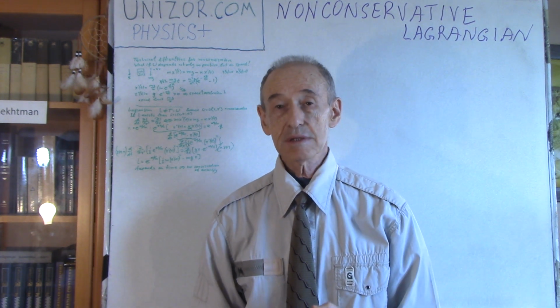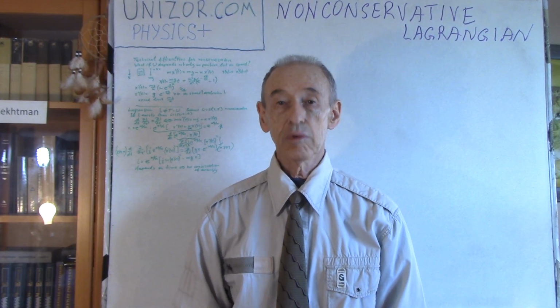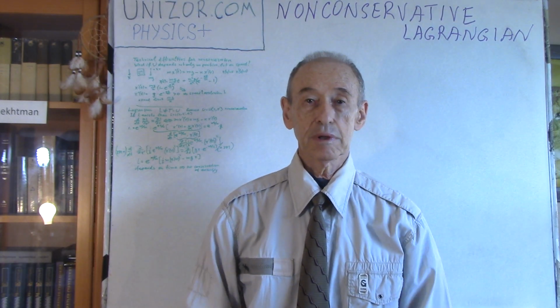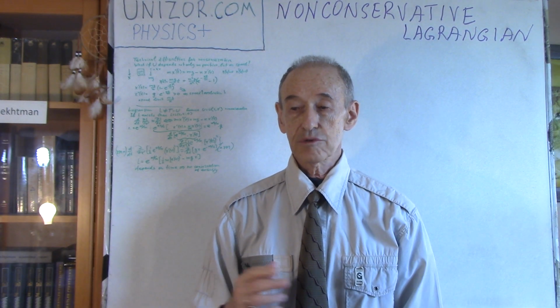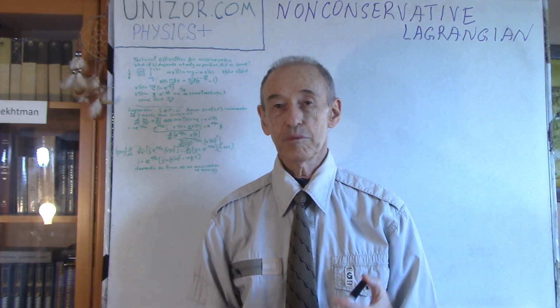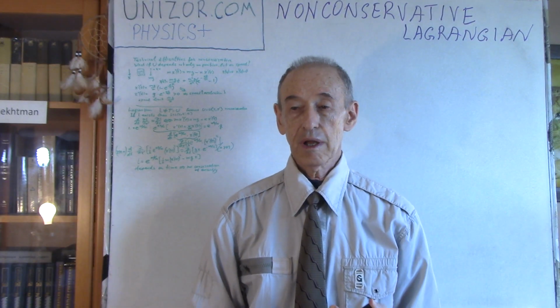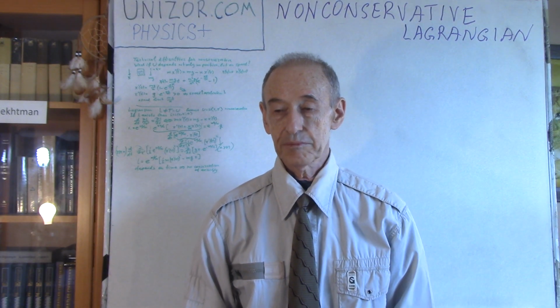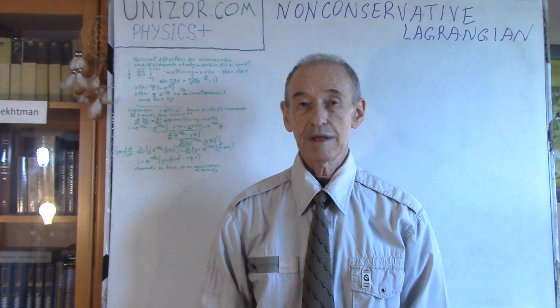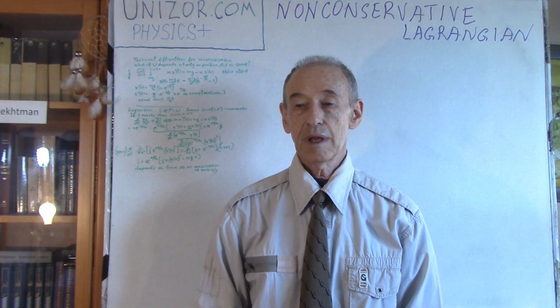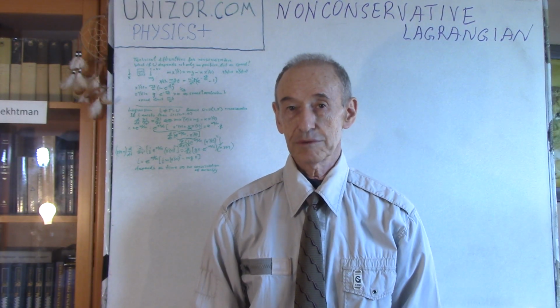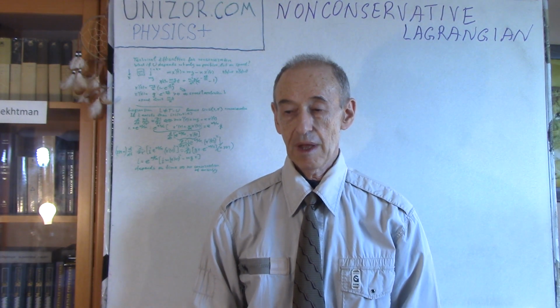But in some cases, the force depends not only on position, but also, for example, on speed. That complicates the picture, and the Lagrangian in the form which we were using before cannot actually be used. So today is this particular example of a non-conservative system and how to build a Lagrangian for this system.